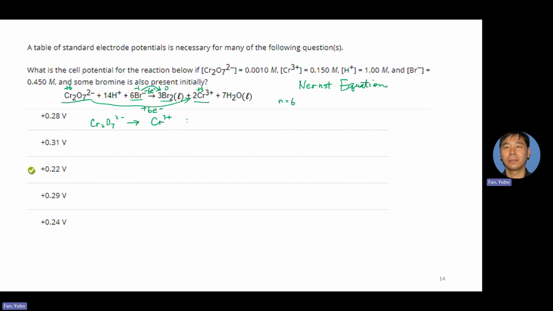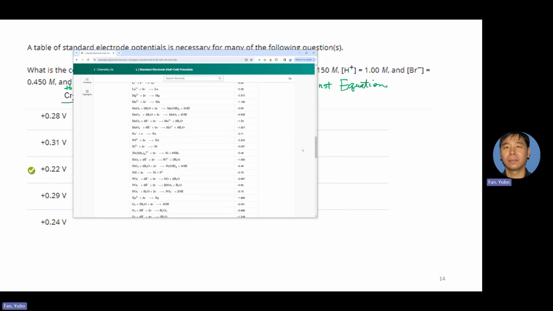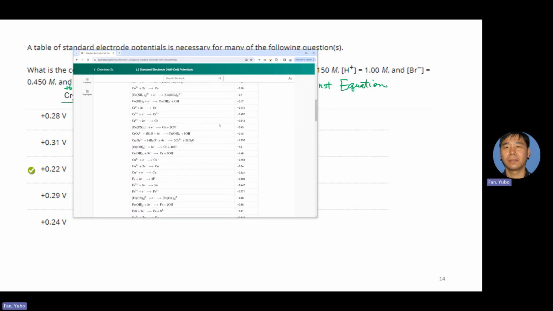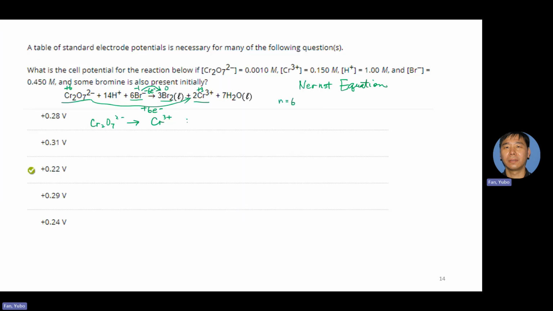When we search the table, chromium with 14 hydrogen and 6 electrons is 1.232 volts. For bromine to bromide, we use the same way to find it: 1.087. It's also quite positive, so bromine is a strong oxidant, but dichromate is even stronger.